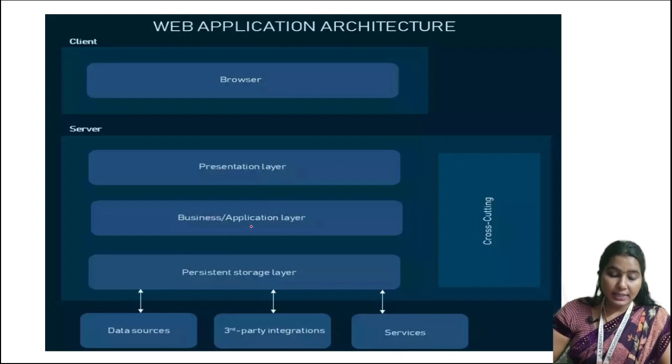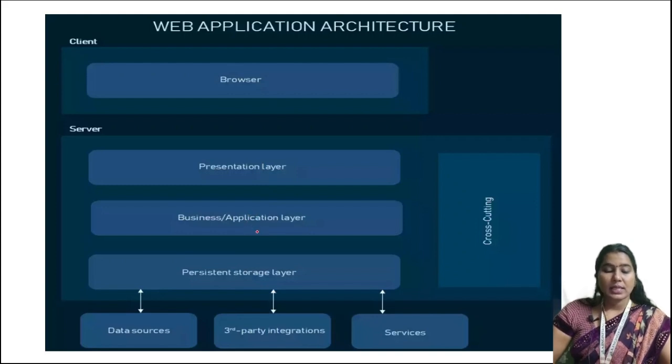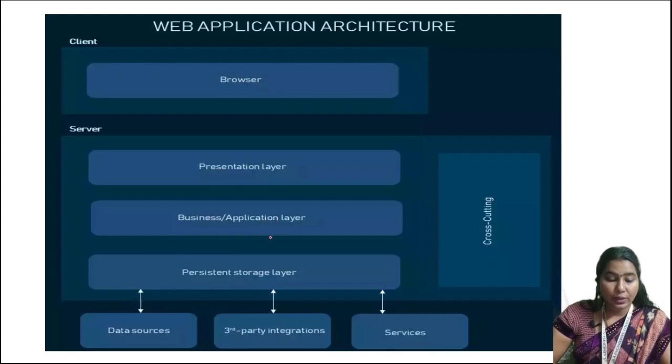Okay, and the second layer is the business or application layer. This layer is also called business logic, domain logic, or application logic. It will accept user requests from the browser, process them, and determine the routes through which the data will be accessed. The workflow by which the data and requests travel through a backend is encoded in the business layer.